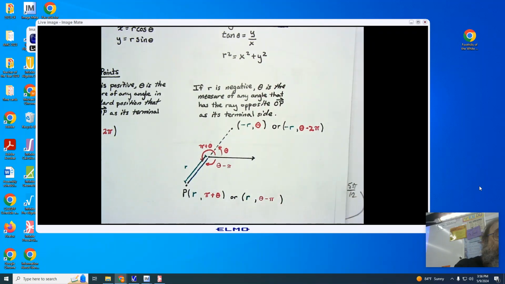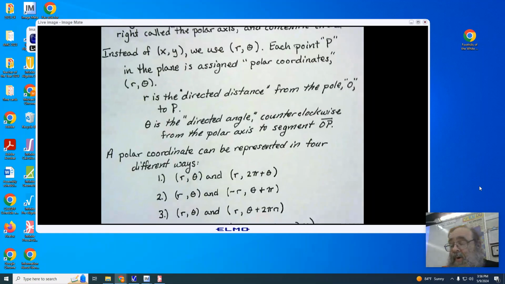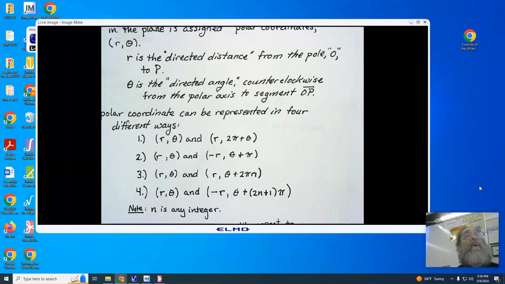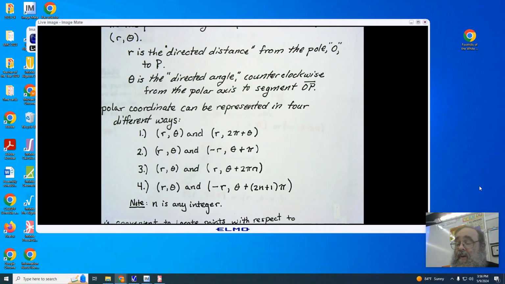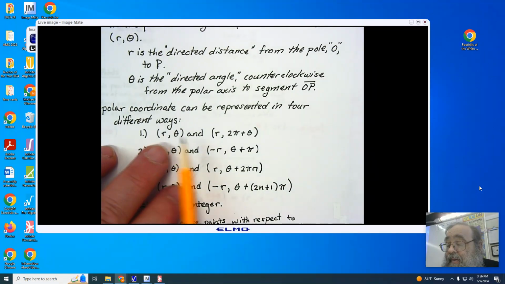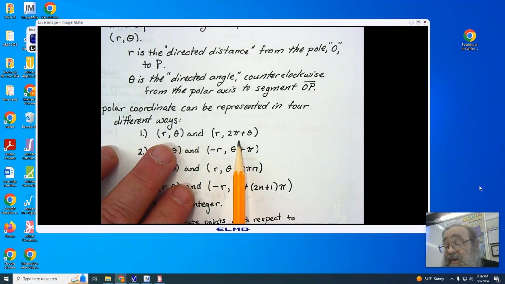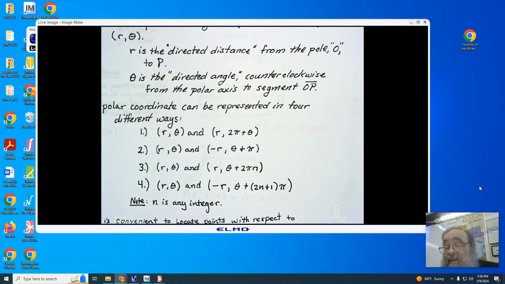Another way of looking at it, a little bit closer to what the book shows, and that's this. If I have r theta, just take that theta and add 2 pi, or subtract 2 pi. I would add 2 pi if I'm looking at something that is a negative theta, and I would subtract 2 pi if I'm looking at something that is greater than 0.